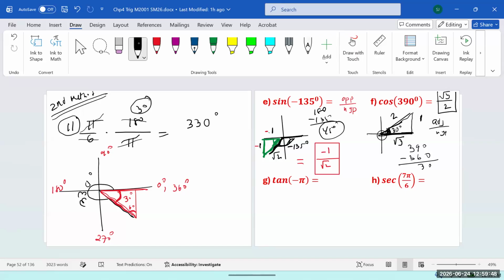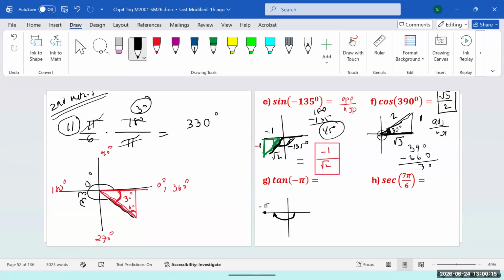To the next one, tangent of negative pi. Do you get a triangle from pi? No, because it's a quadrantal angle. So you only look at x and y. Negative pi means negative 180. You are moving here, negative pi.